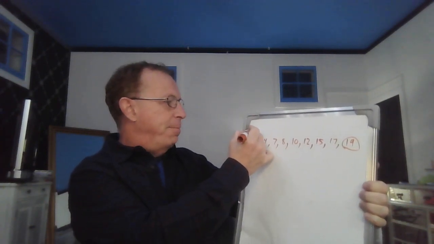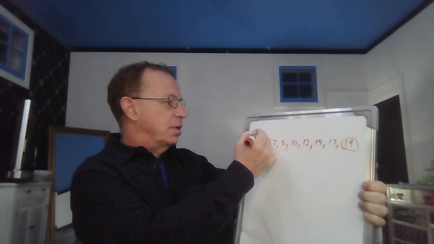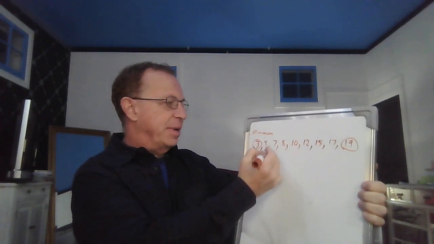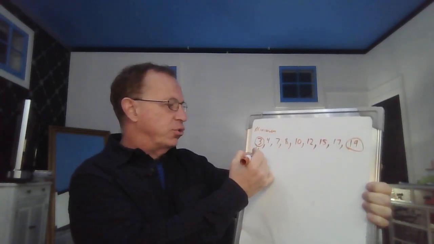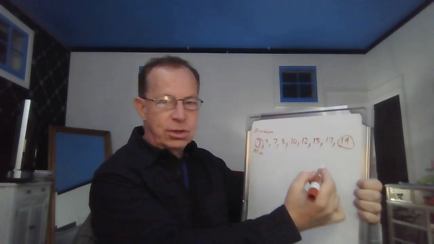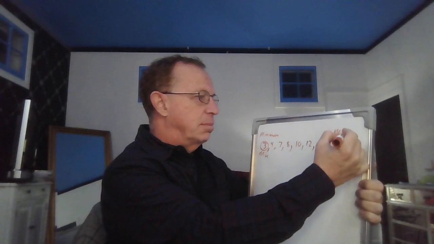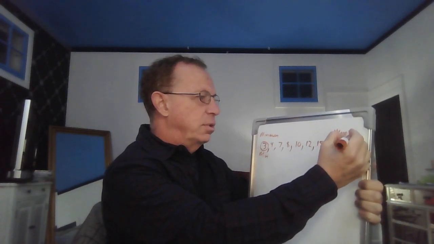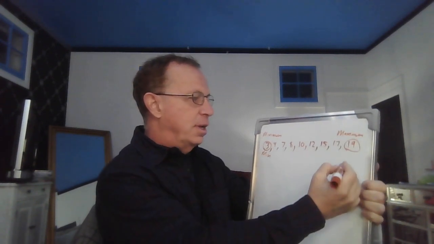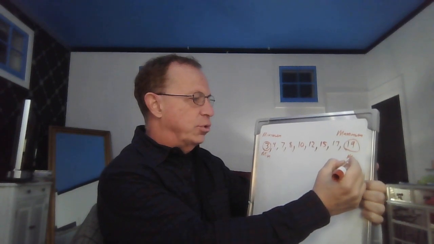This is called the minimum value. That kind of makes sense, right? Or min for short. And this is called, wait for it, the maximum value, M-U-M, or max for short.